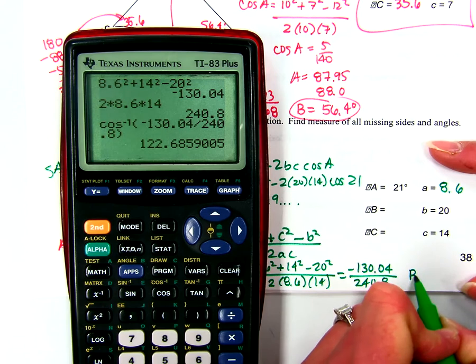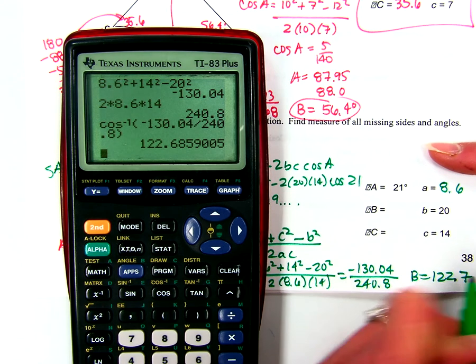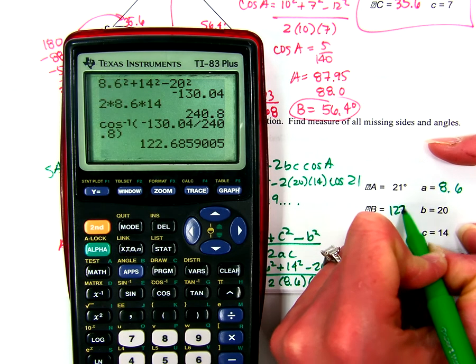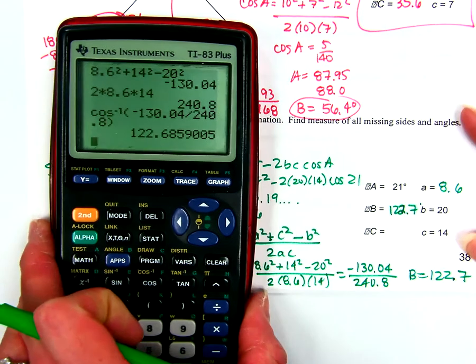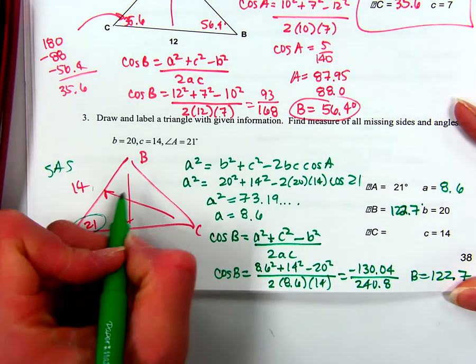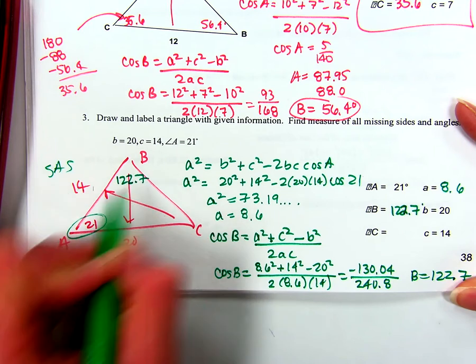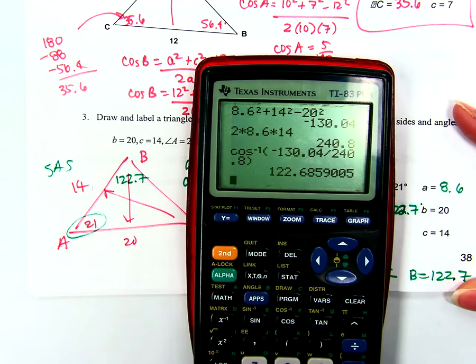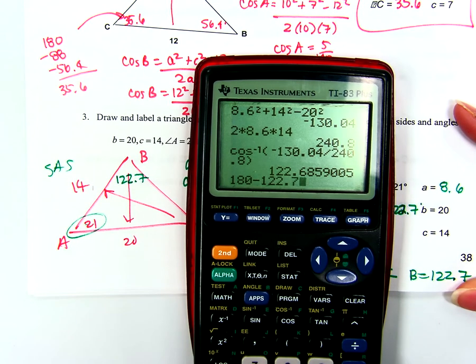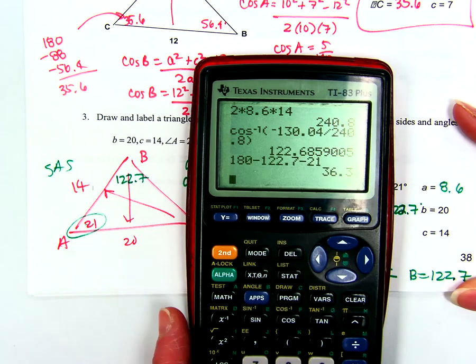That tells me that angle B is 122.7. Now I've found angle B, 122.7. I have two angles, so just take 180 minus 122.7 minus 21.